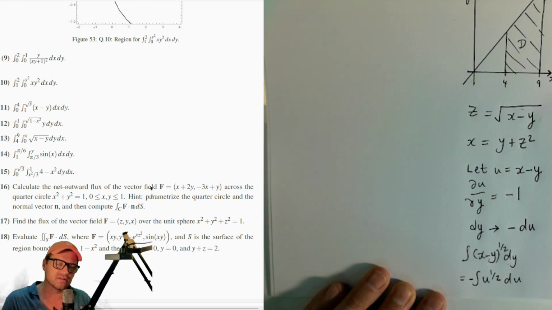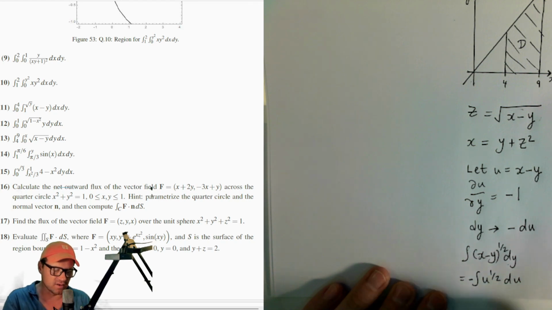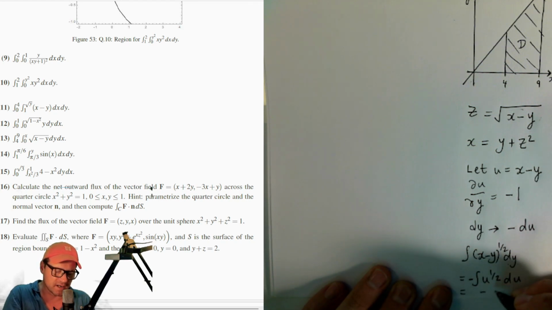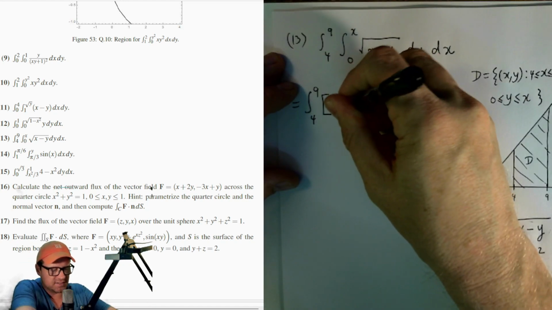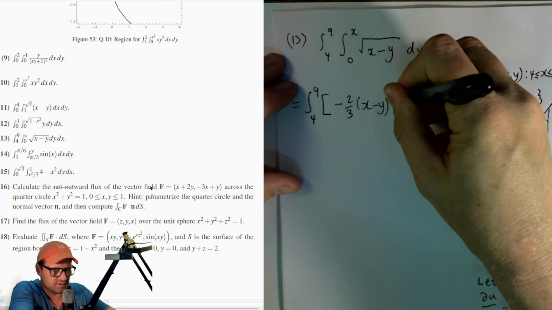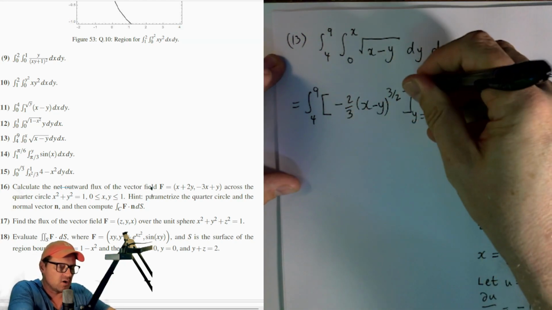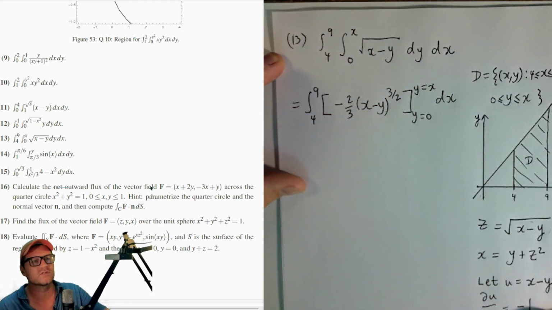Okay, so adding 1 to the exponent there, we have u to the 3/2 dividing by the new exponent. This gives us minus 2/3 u to the power of 3/2 plus c. But up here, we've got a definite integral. So we'll put minus 2/3 x minus y to the power of 3/2, y equals 0, y equals x, and then we're going to integrate the result with respect to x.